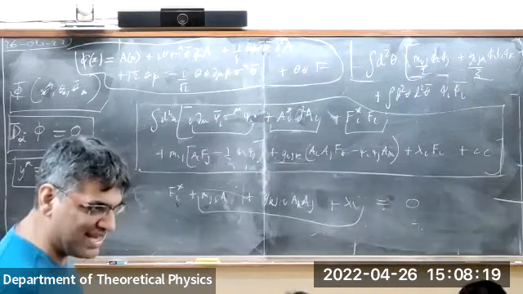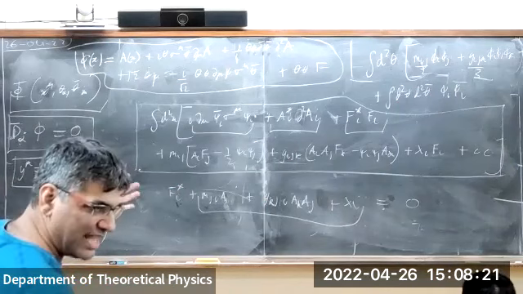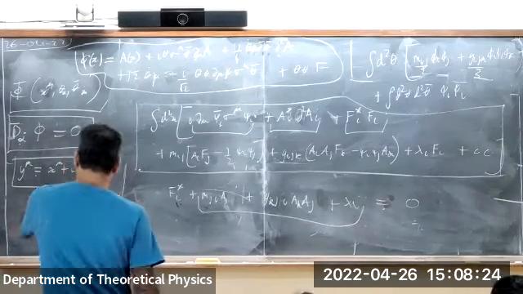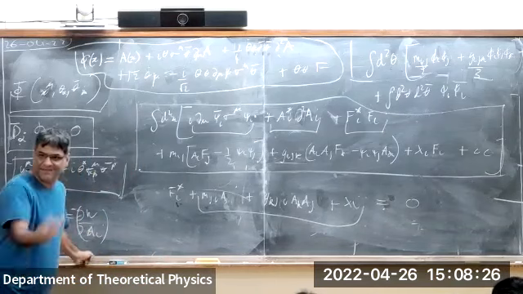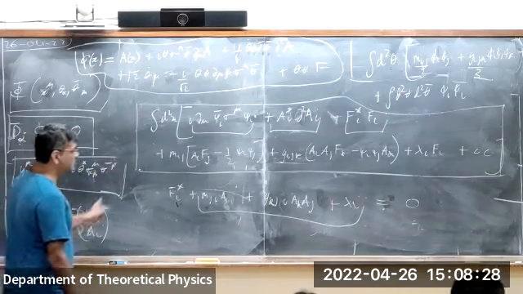Okay, so on shell, this F field, this F superfield, is the derivative of the superpotential with respect to the chiral multiplet. And then we're supposed to plug this back in.